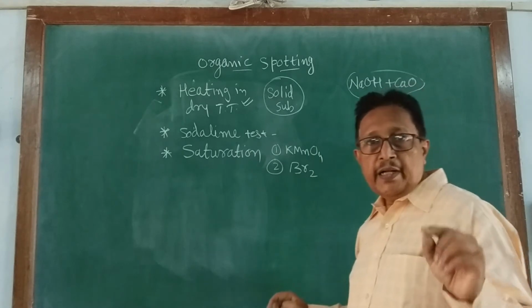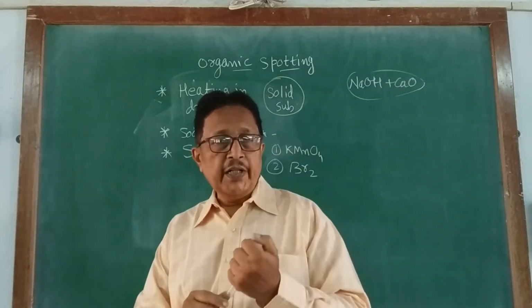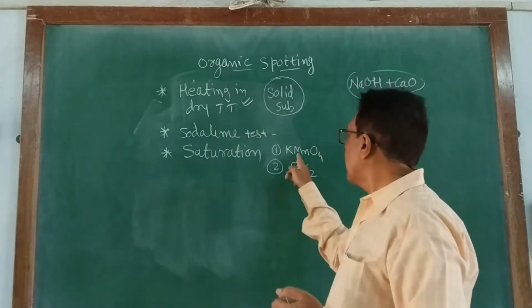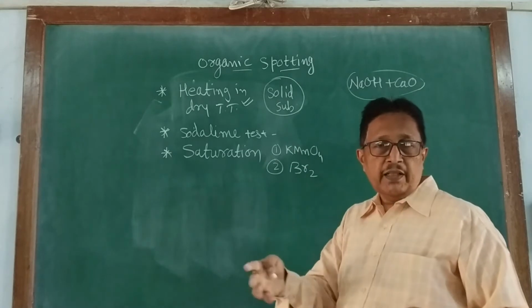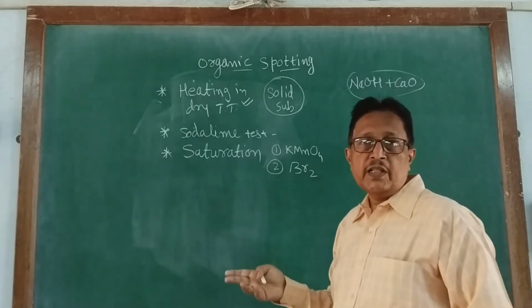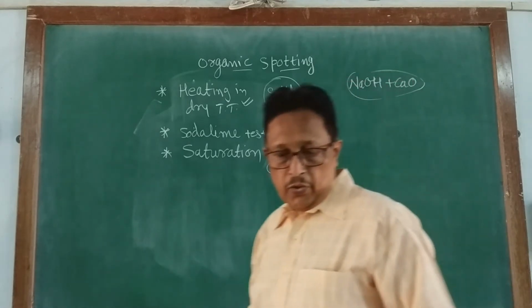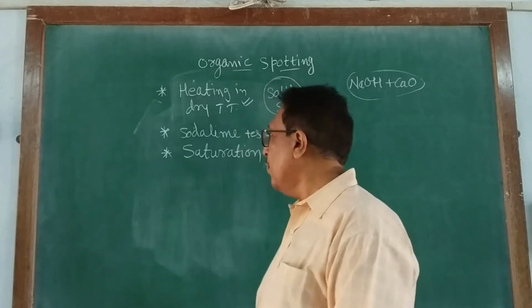Add it, shake well this way and check it. If the color of the KMnO4 is removed, then your substance is unsaturated. If the color persists, then your substance is saturated. Okay? So this type of test you have to perform.